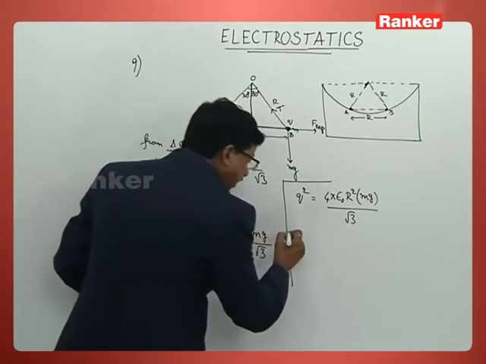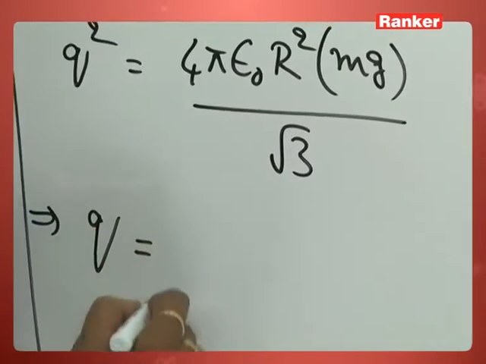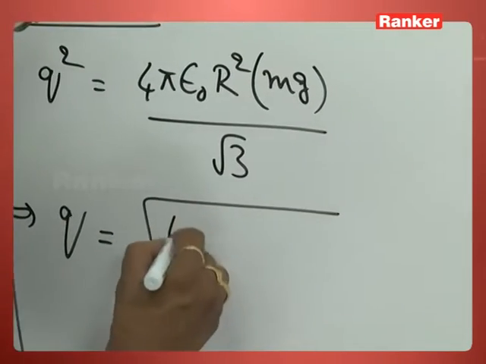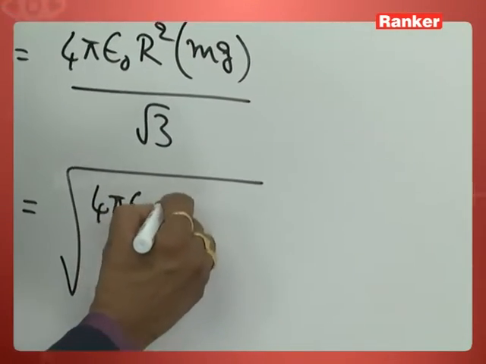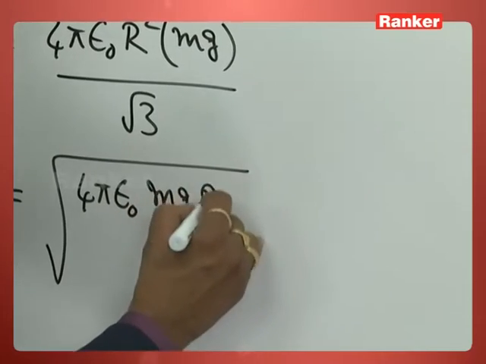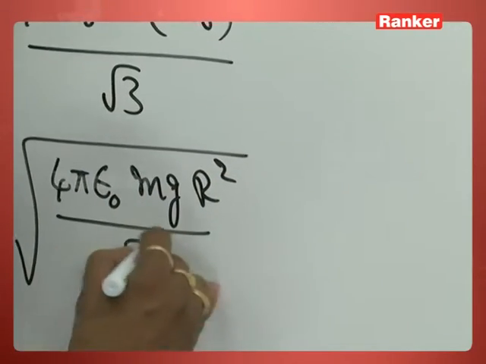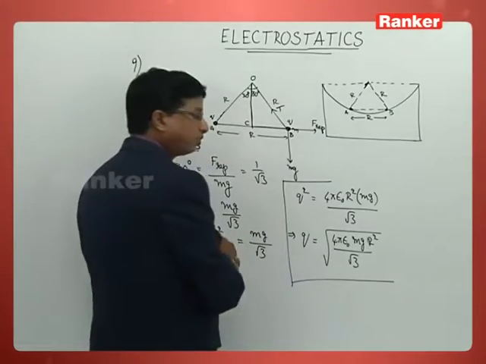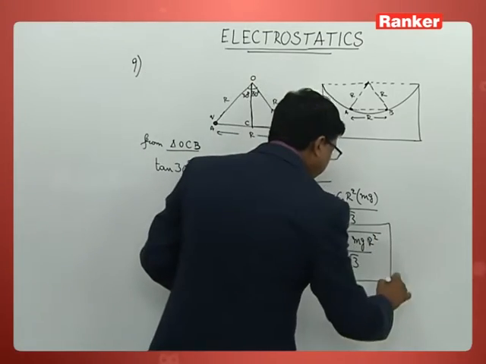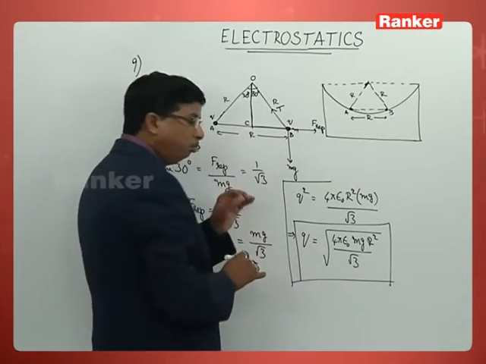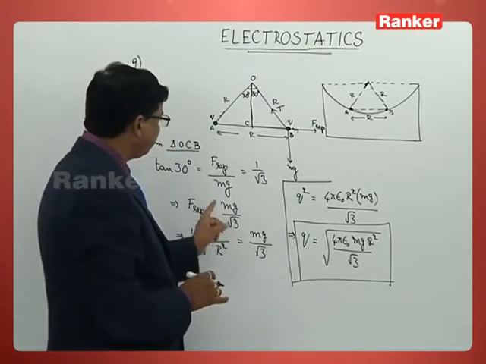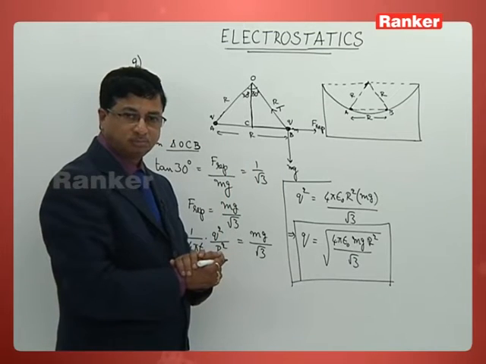Now you can say from this one charge must be equal to root over 4 pi epsilon naught mg R square by root 3 as such. Look at this, this is actually the charge on each bead I have got after the calculation of it.